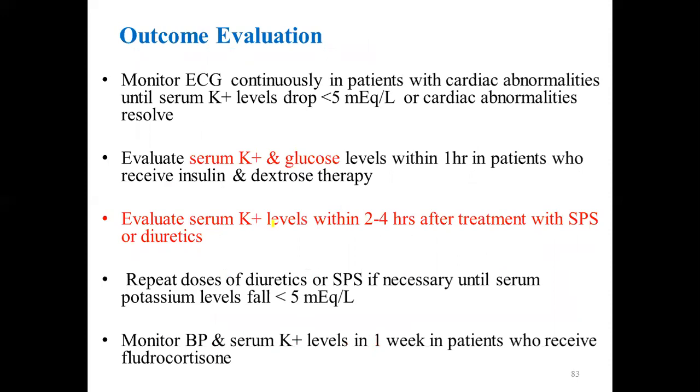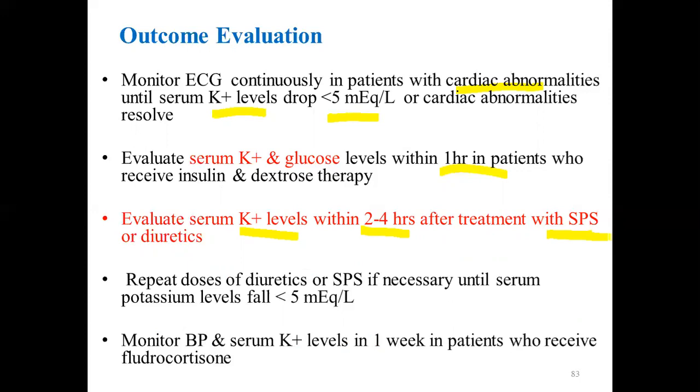Look at the ECG in a patient with cardiac abnormalities, until the serum potassium level drops to less than 5 milliequivalent per liter. Then evaluate the serum potassium and glucose level within an hour in a patient who received insulin plus dextrose therapy. Then evaluate the serum potassium level within 2 to 4 hours after treatment with sodium polystyrene sulfonate.